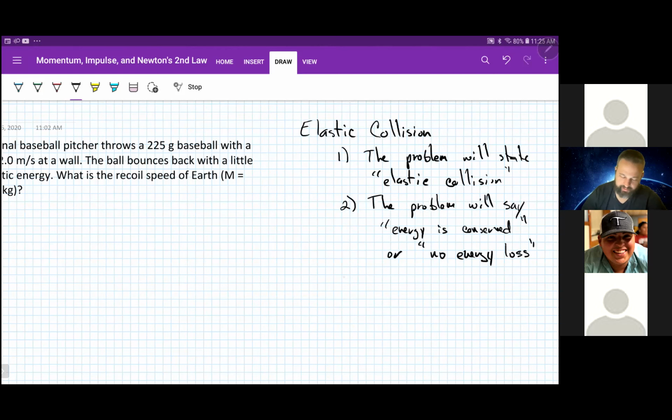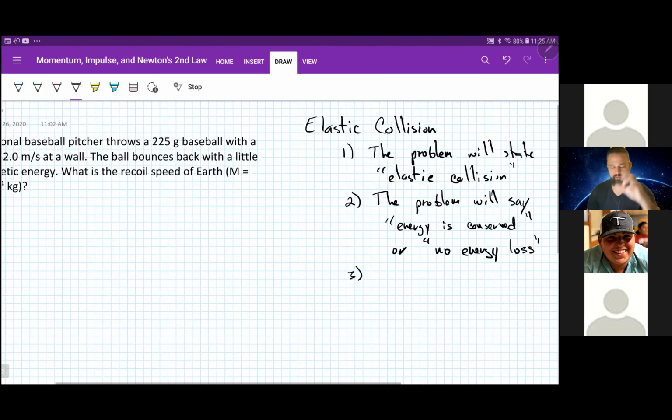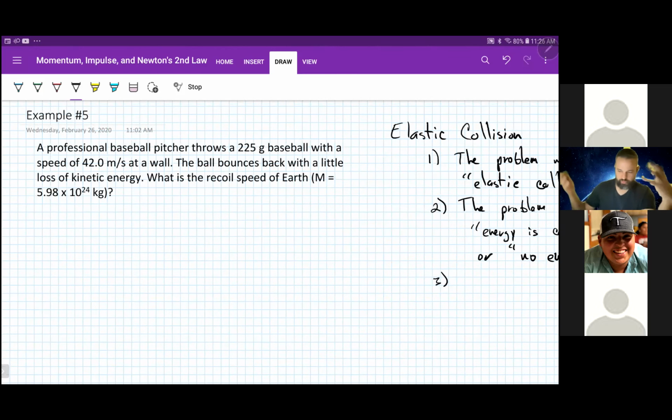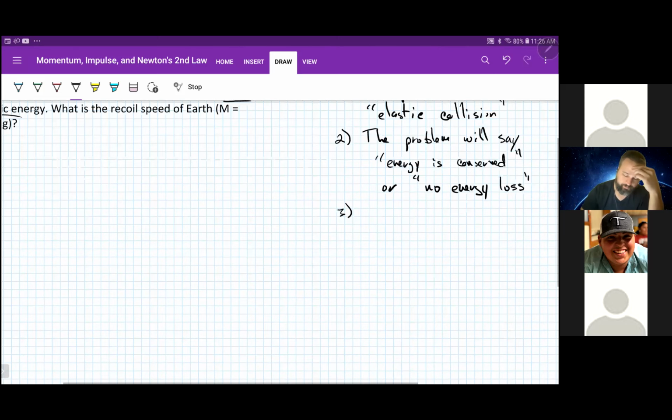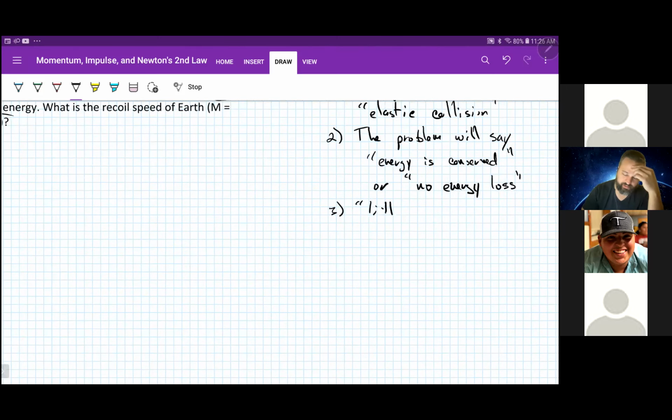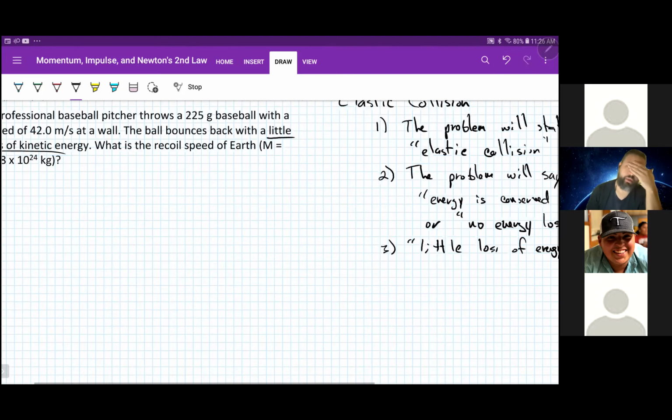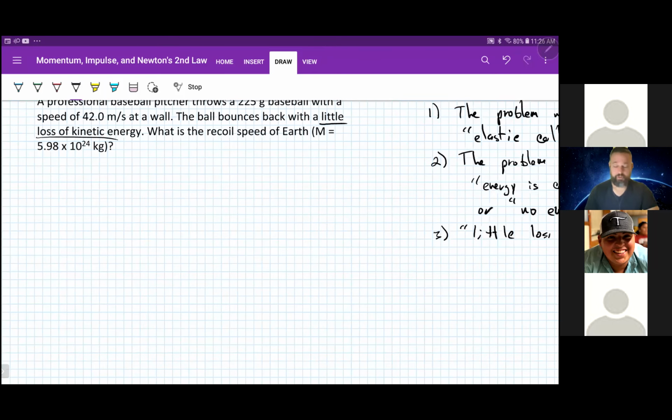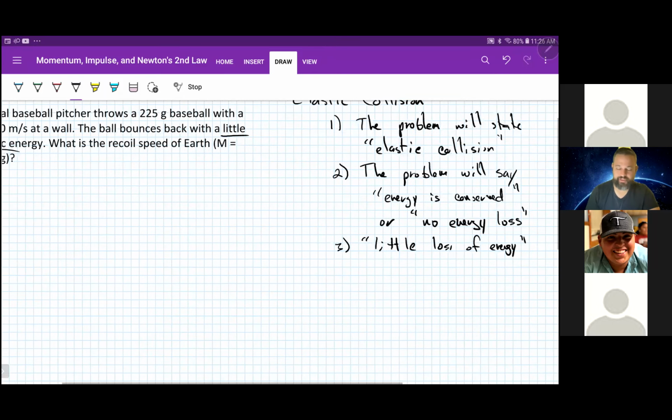Or an example like this, where we've got this small little ball and this huge other thing, and it says something like a little loss of kinetic energy, we can assume elastic collision. So those are the three ways we know it's an elastic collision.